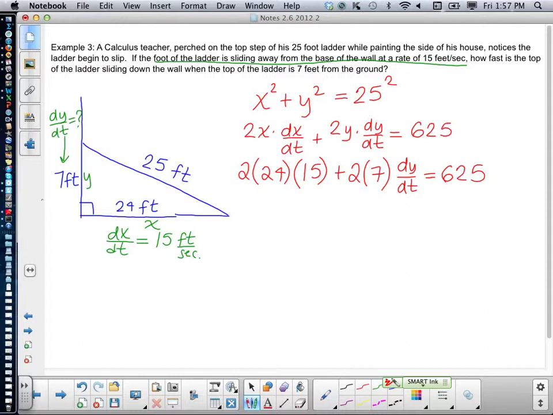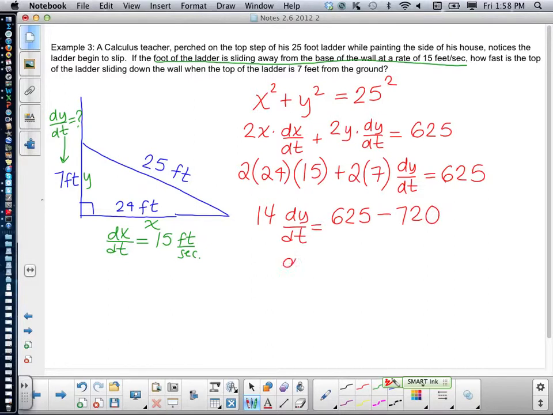All right, so now we're just going to solve for dy/dt. So I'm going to bring all of this stuff to the other side of the equation. So I'm going to have 14 dy/dt equals 625. Now I have to subtract. It looks like 30 times 24, we get 720 there.